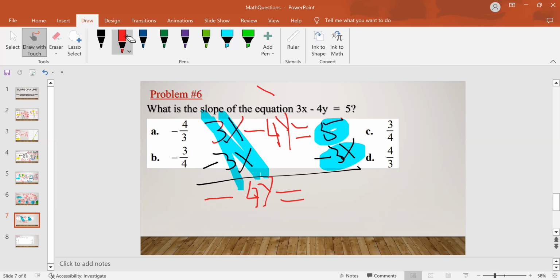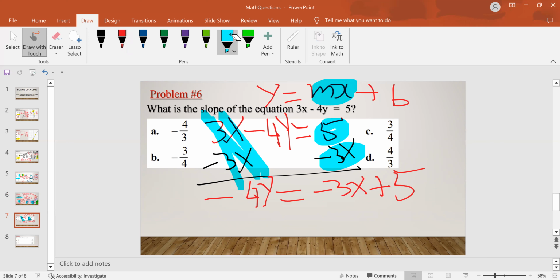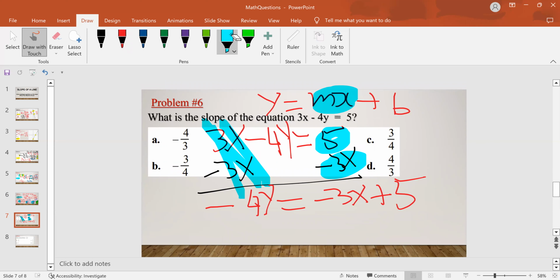Remember, we are looking for the form y equals mx plus b. So I will write the negative 3x before the positive 5. Know that 5 alone like that means positive 5. The reason I write the negative 3x before the 5 is that I'm looking for something with x before something without x.